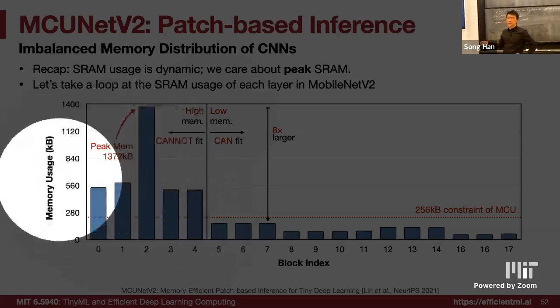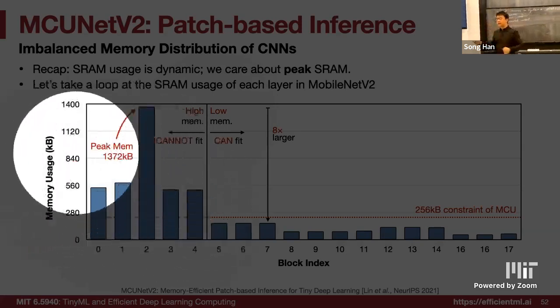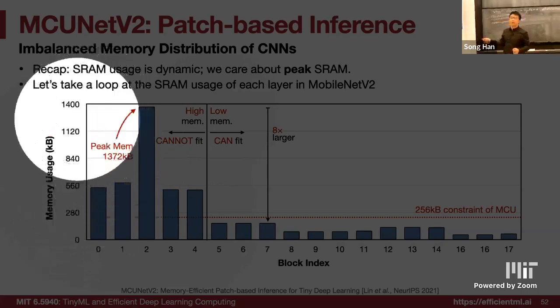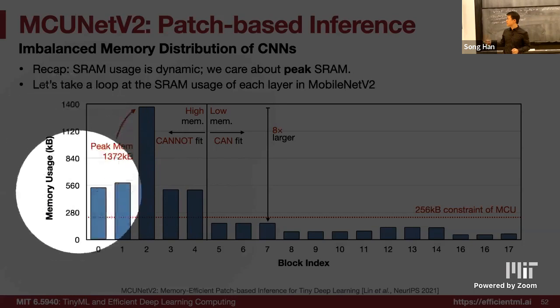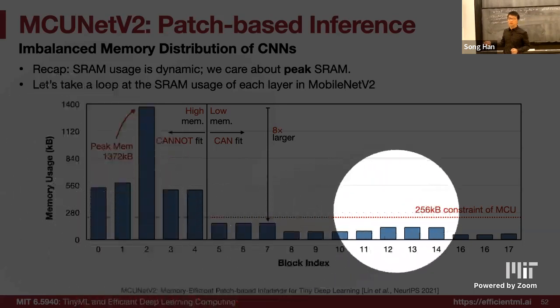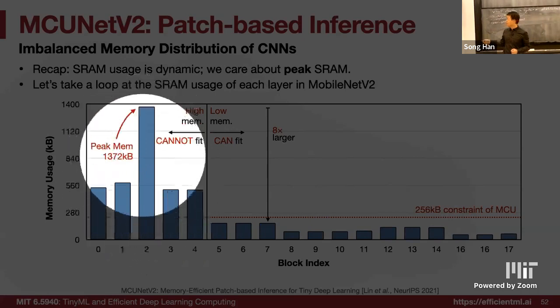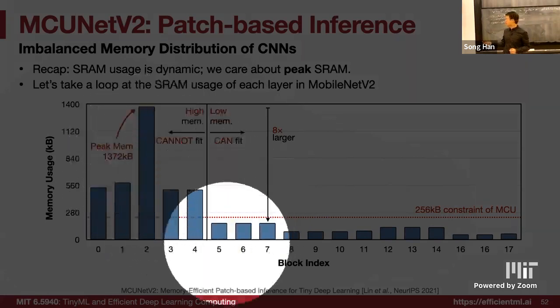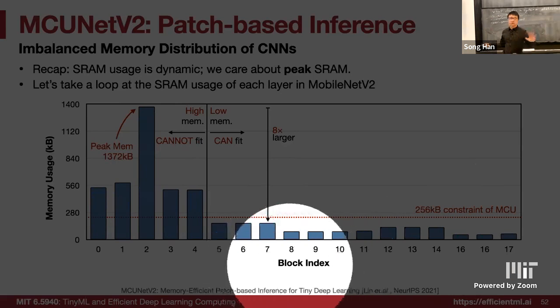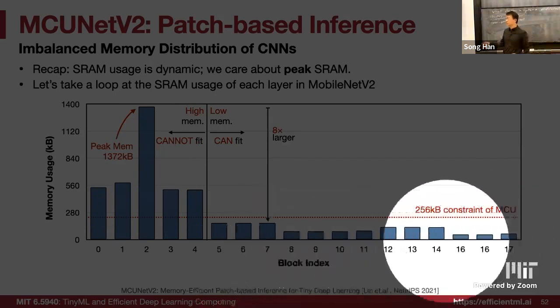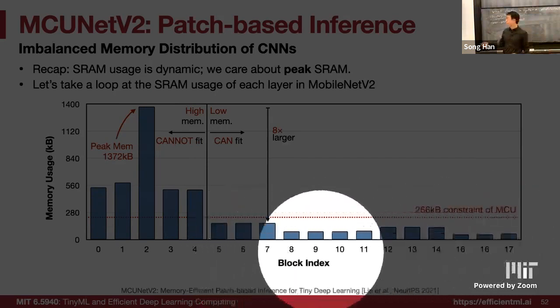So this is the memory consumption for each layer in this case, ranging from 500 to 1,400. The first couple of layers are using a lot of memory, very high bars. And in the later blocks, as you downsample, the resolution gets smaller and smaller, so the activation is getting smaller and smaller.